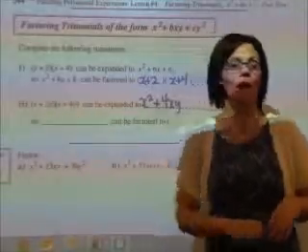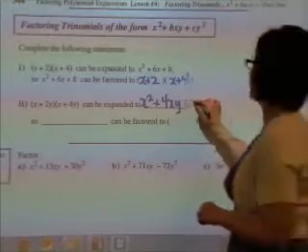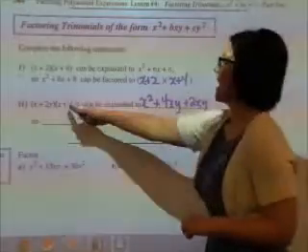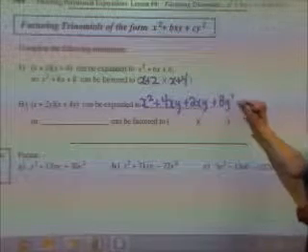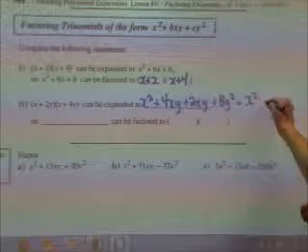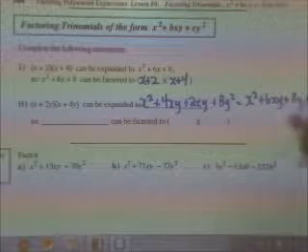If I take 2y and multiply it by x, 2xy. And if I take 2y and multiply it by 4y, 8y squared. So I get x squared plus 6xy plus 8y squared.